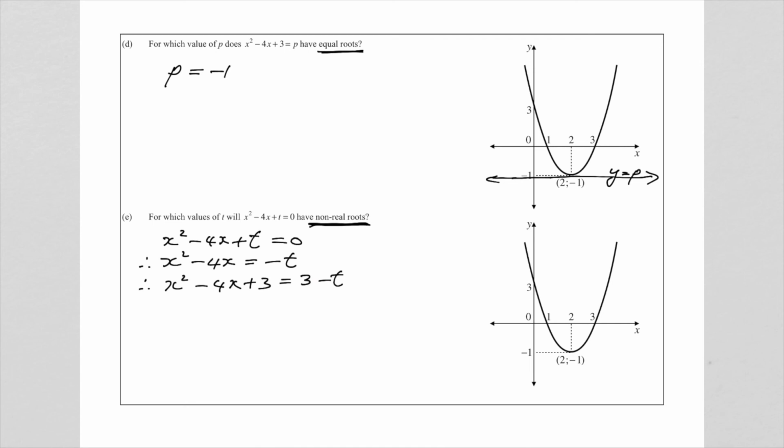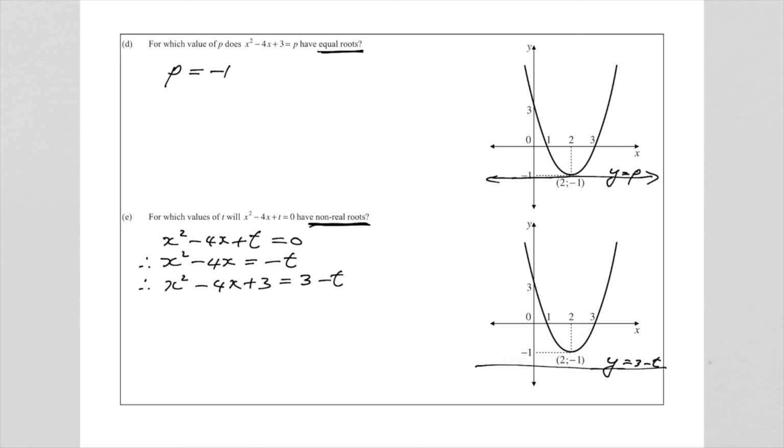So for these non-real roots, we must draw the line below the turning point. So that means we're going to draw the line right here. This will be the line y equal to 3 minus t. Now, where must we draw this? We must draw this line below the turning point.